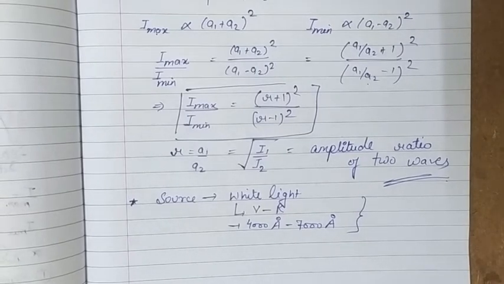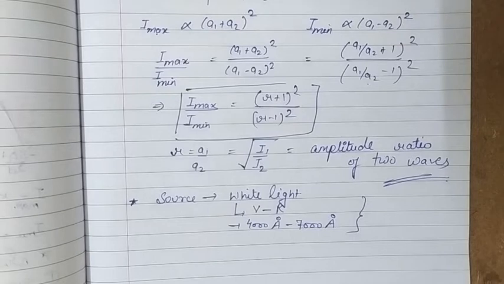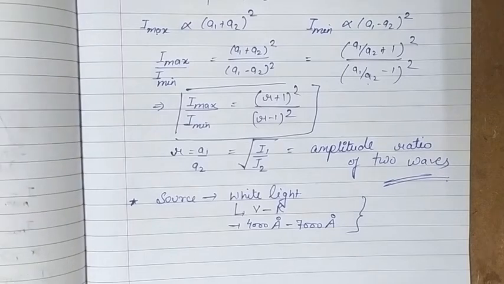Now different color components of white light produce their own interference pattern, because they deviate at different angles.